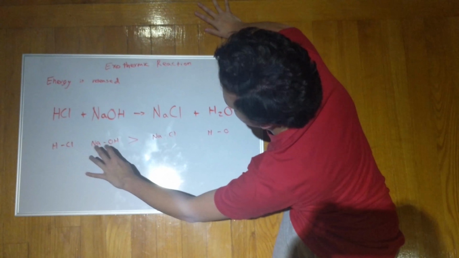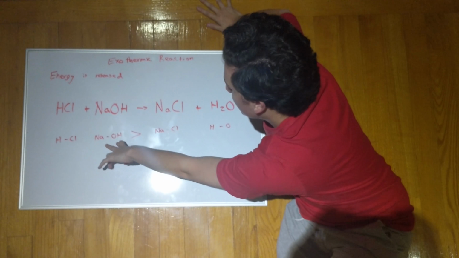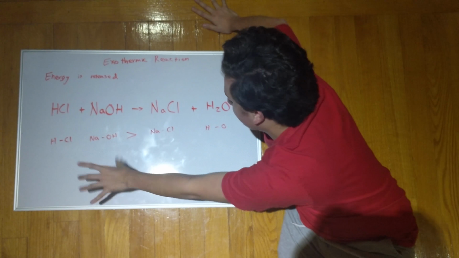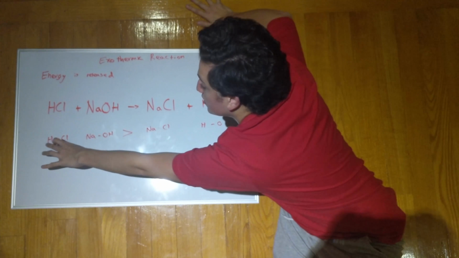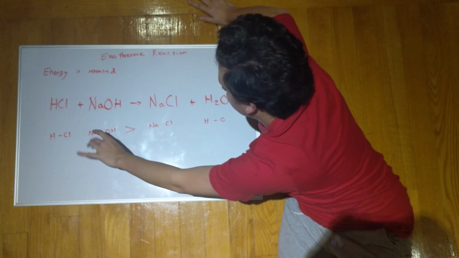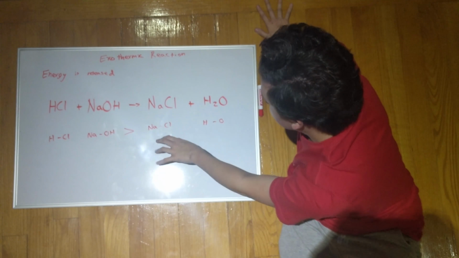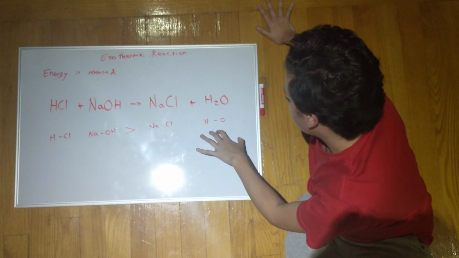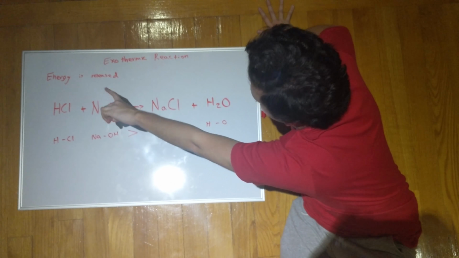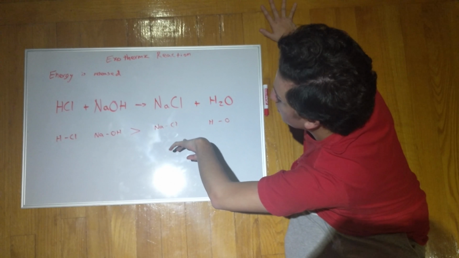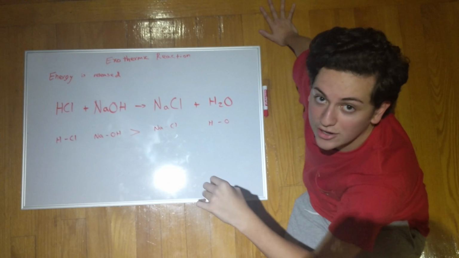I'm showing it with this, and it's the same with the sodium and the OH. Basically, the energy needed to separate each element from the compound is more than what is needed to separate the salt and the water, and it shows how the energy is being released in this part, and it would be like that in a reaction.